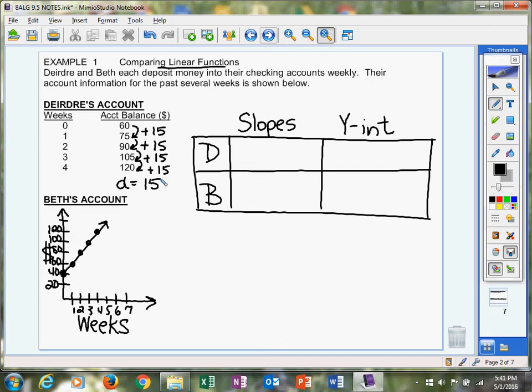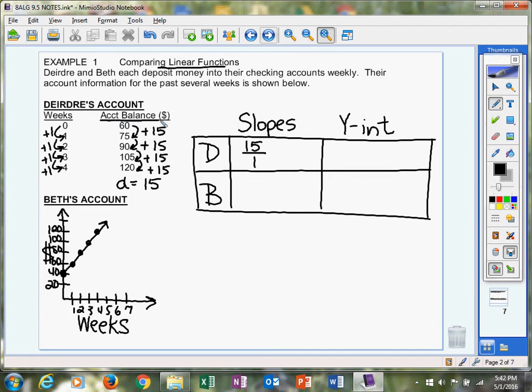Okay, now to determine their slopes, let's start with Deirdre. Remember what I told you, it's the change in y, so it would be that 15, over the change in x. Well, x is going up by 1 each time. Okay, so that's pretty clear. It's 15 over 1, so her slope is 15. Now, number crunching, everyone in my class could figure that out. We've got to put meaning to it, okay? Let the table help you with that. Look at the y's.